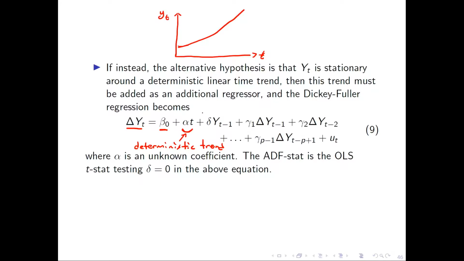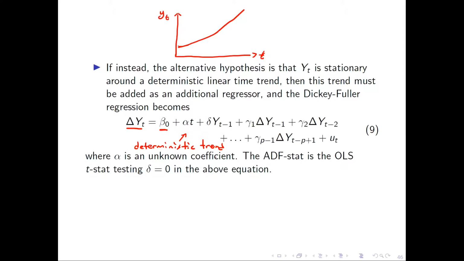And so this is something you should include in your regression if you work with this exponential kind of data or price process, for example. So this Dickey-Fuller regression with a deterministic trend has exactly the same null hypothesis as the Dickey-Fuller regression without the deterministic trend.